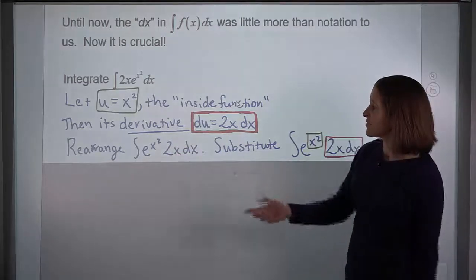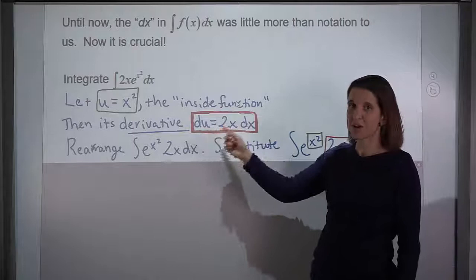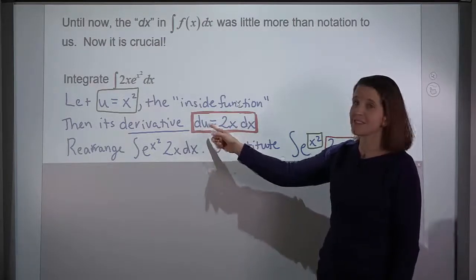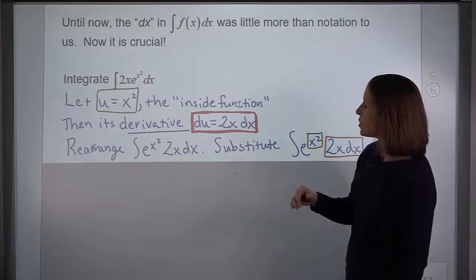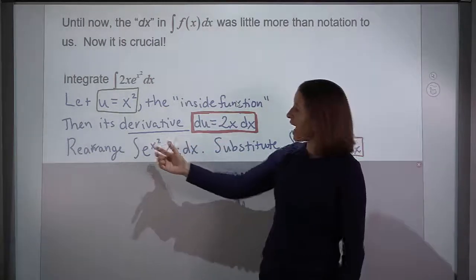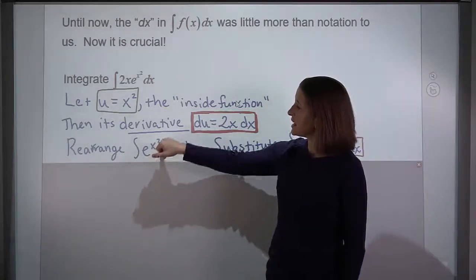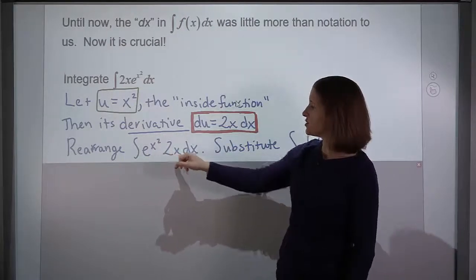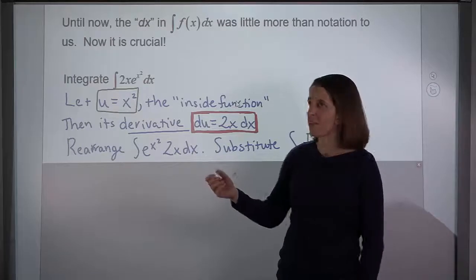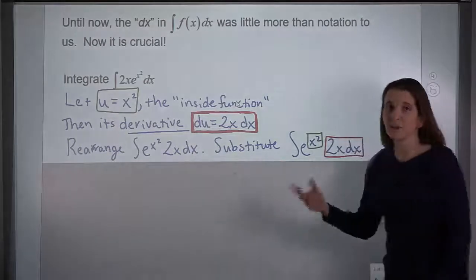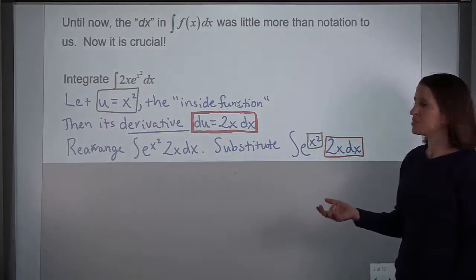Why did I do that? Well, because 2x dx is exactly the du that I was talking about. So I have things so that I see e, and this was my u, and 2x dx is my du. So I rearranged it to get those things together, and then I'm ready to substitute. So this is called integration by substitution.